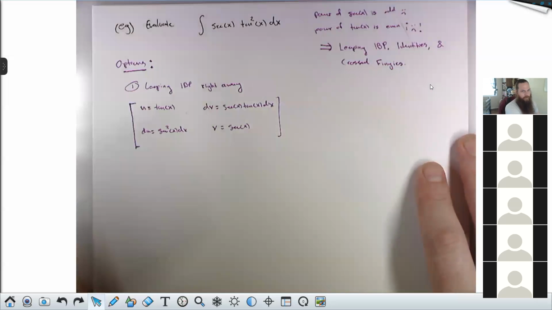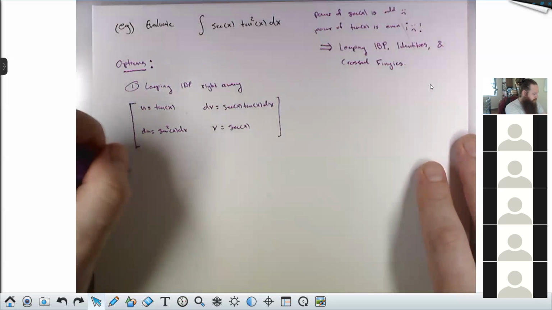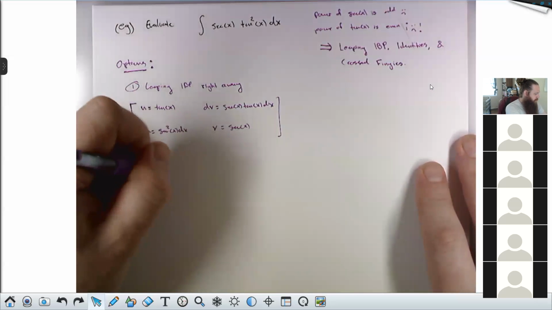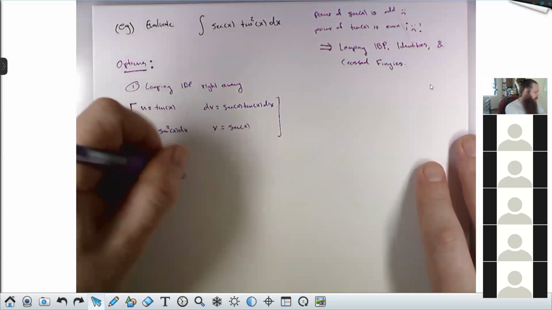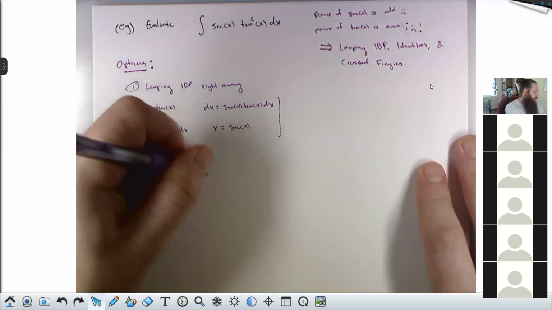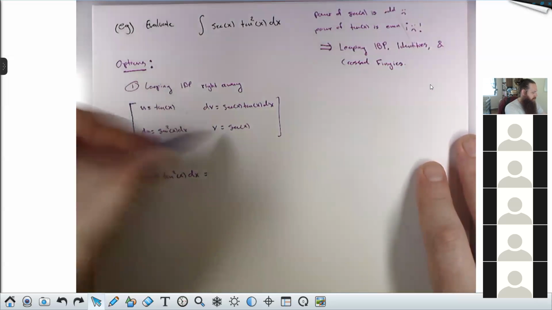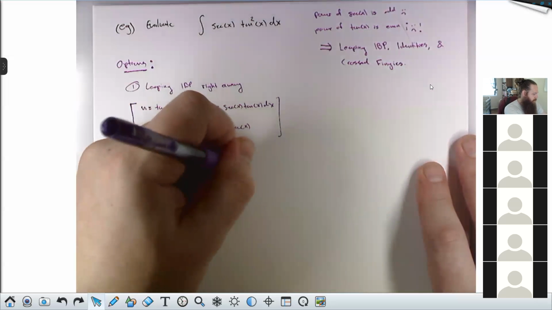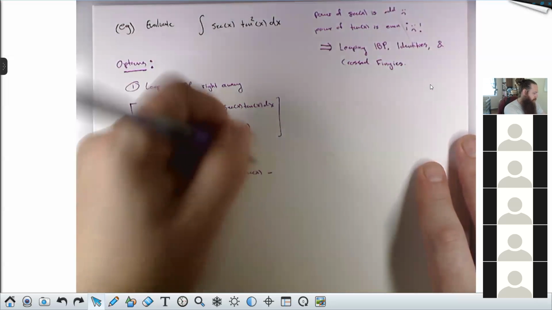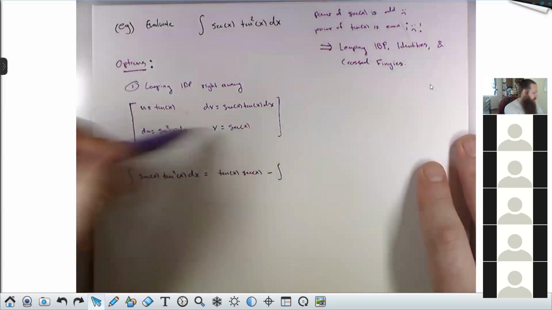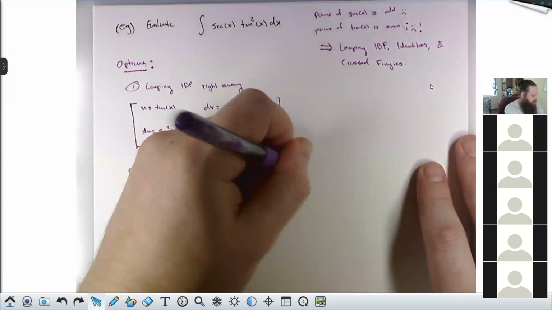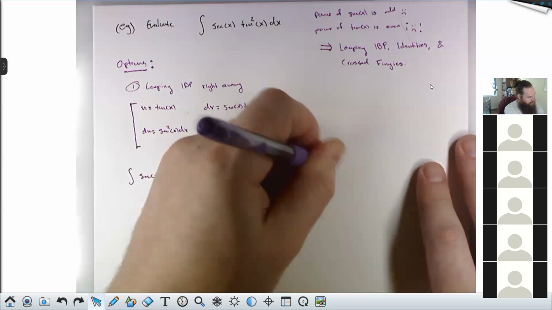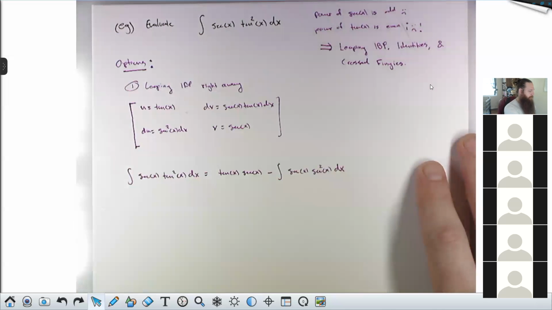Then after applying one run of IBP, we will get the integral of secant x tan squared x dx equals uv, which is tangent x times secant x, minus the integral of v times du, which is secant x times secant squared x dx.